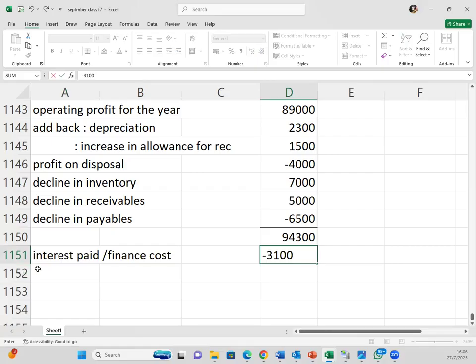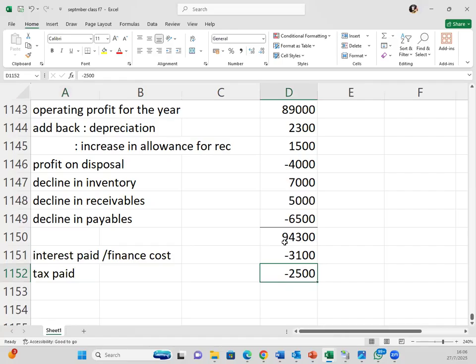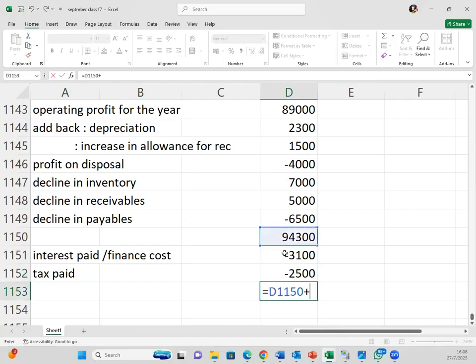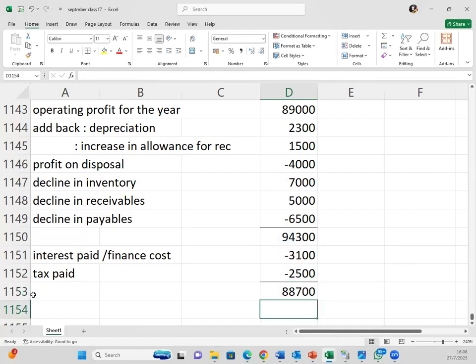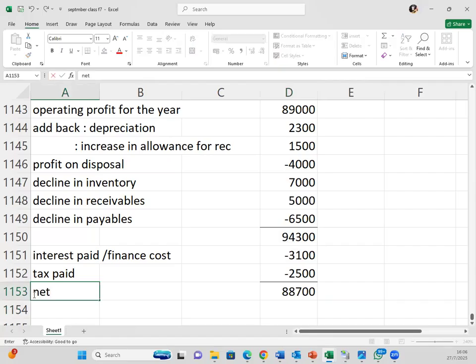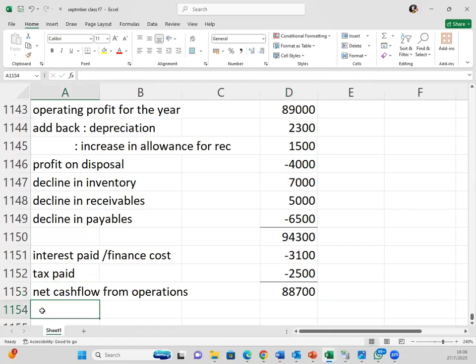We then also remove the taxation paid. So from that amount, you remove the interest, you remove the tax. So what you then get is the net cash flow from operations.